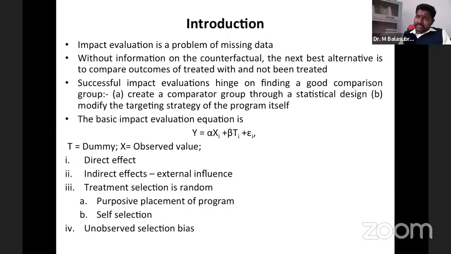So for reducing the influence and the errors, we follow different types of impact evaluation tools. The main one is the impact evaluation of a program or a policy. Obviously, it already has a purpose: where the program is implemented, where the policy can be used, and in which area.